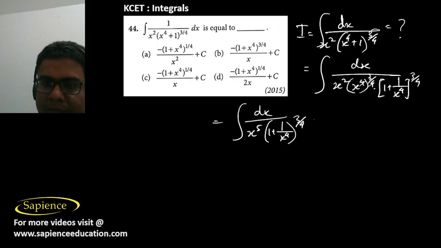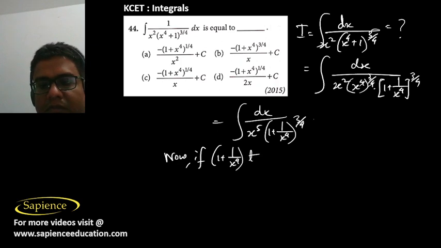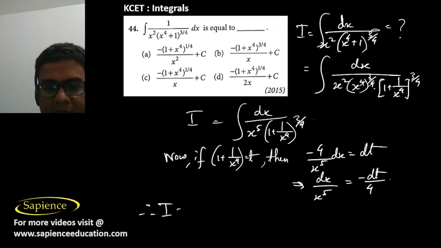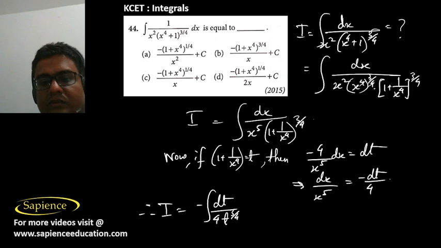So now if we take 1 plus 1 by x power 4 as t, then we have minus 4 by x power 5 dx equal to dt. Therefore dx by x power 5 can be written as minus dt by 4. Therefore this integral I can be written as minus integral dt by 4 into t power 3 by 4.